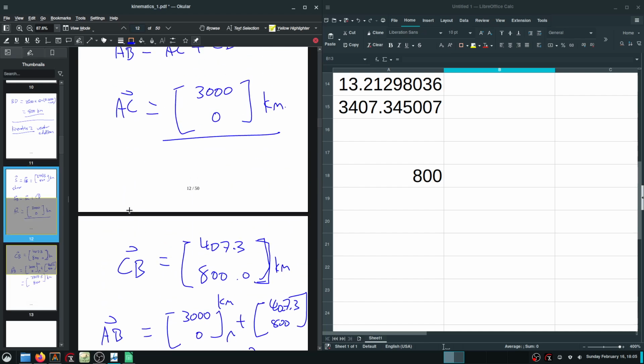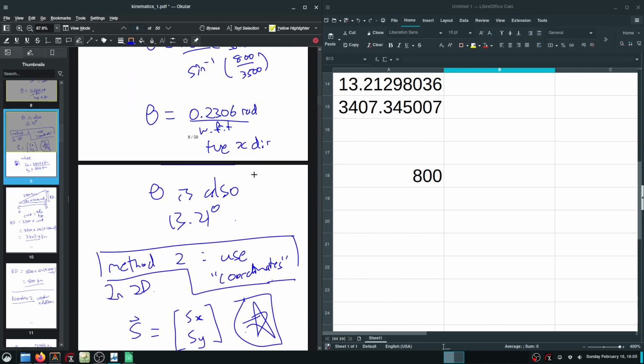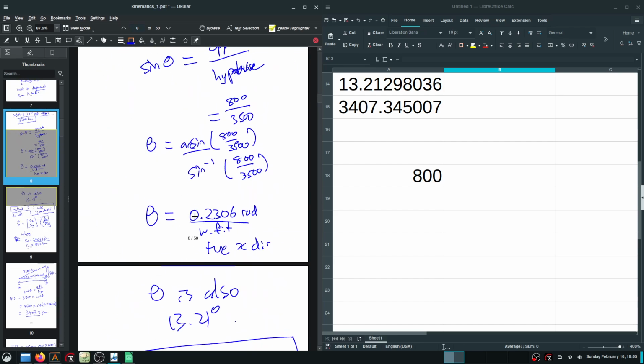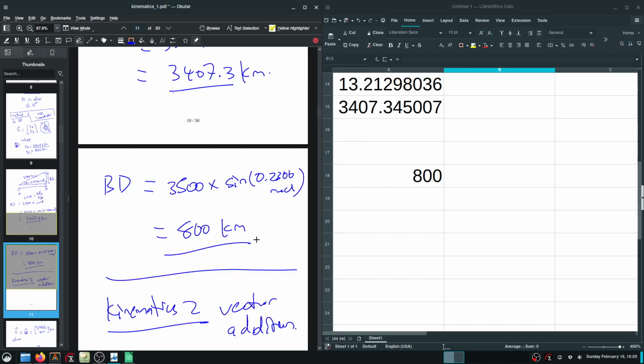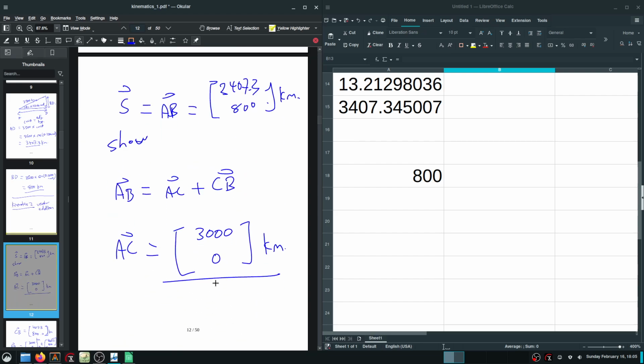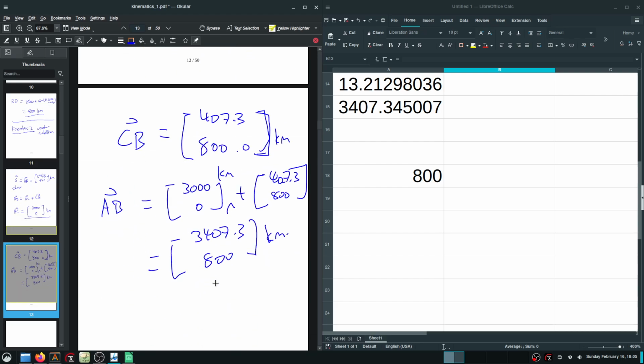If you have it in the first form, when you have 2306 radians, then you have to separate out the vectors into the x and y distance traveled, and then you can do this vector addition.